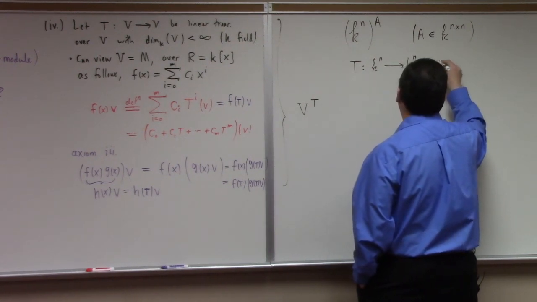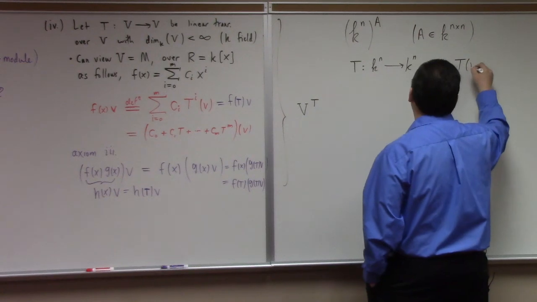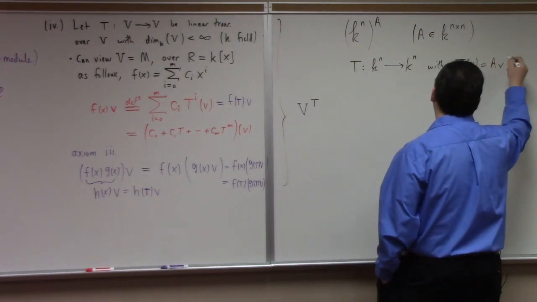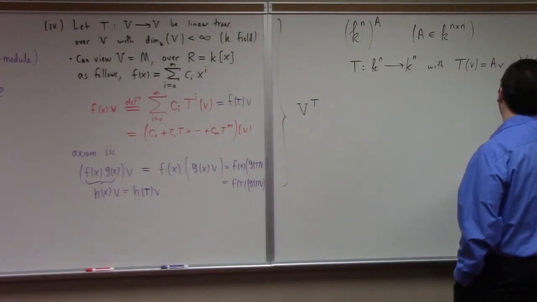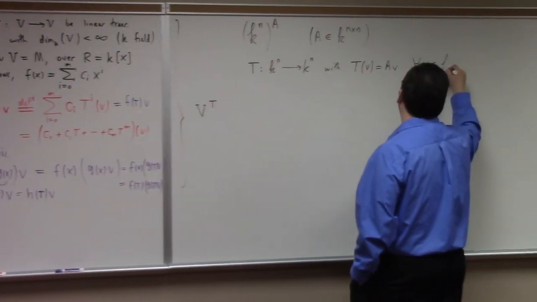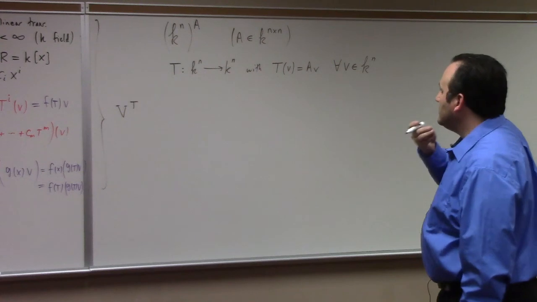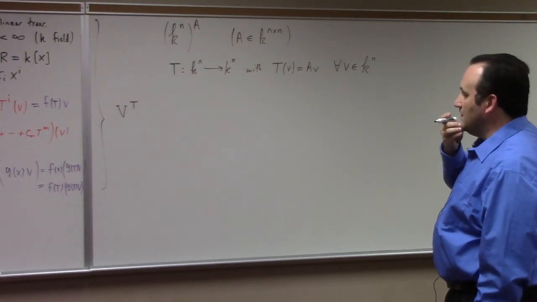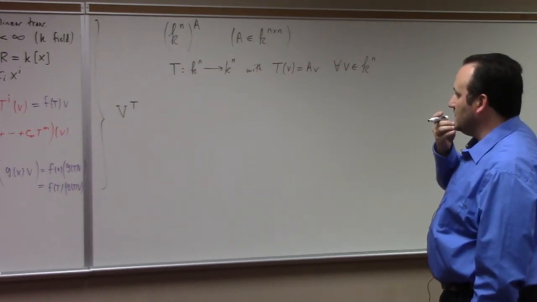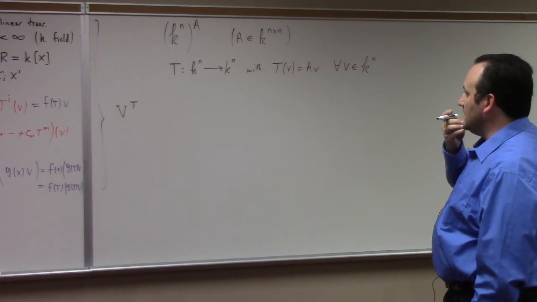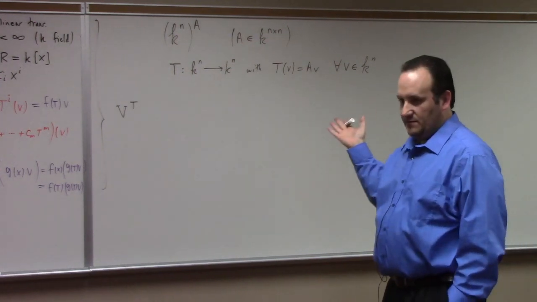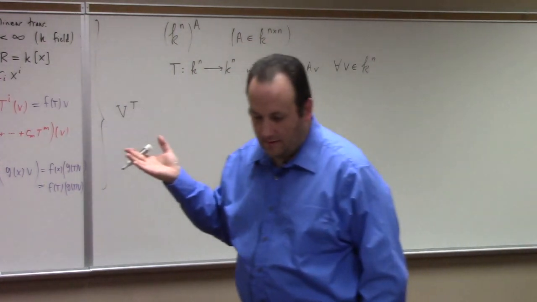With T of v equals Av for all v in k^n. So that, of course, would give us a module of column vectors in k.